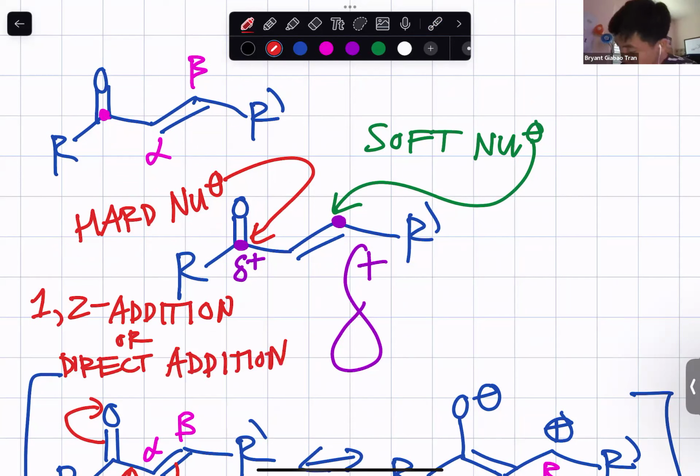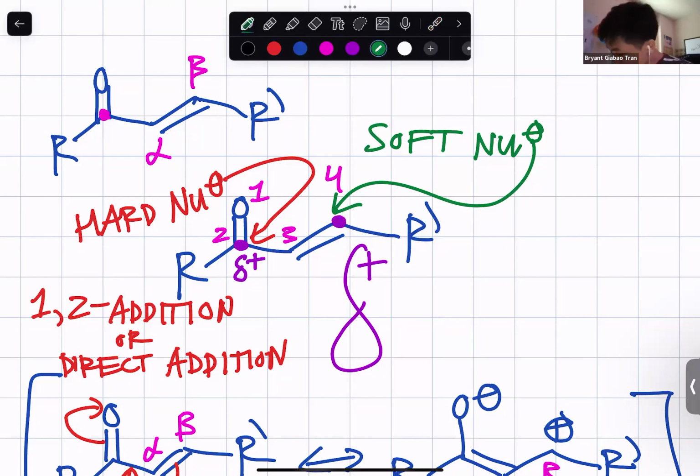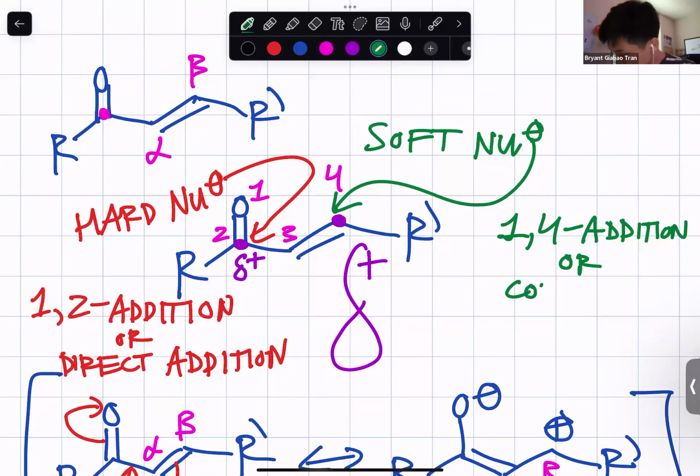And the numbering system is going to go something like this. Our oxygen atom is number 1, carbonyl carbon is number 2, alpha carbon is number 3, beta carbon is number 4. When you have a soft nucleophile attacking the beta carbon, that's going to be called a 1-4 addition because it attacked the fourth atom of this enone, or a conjugate addition.